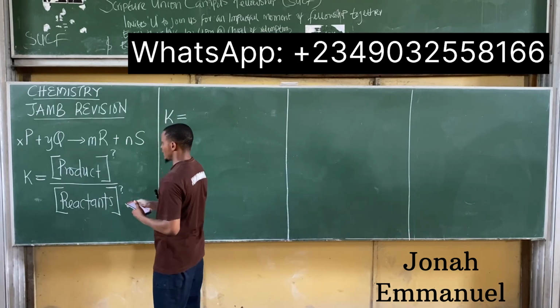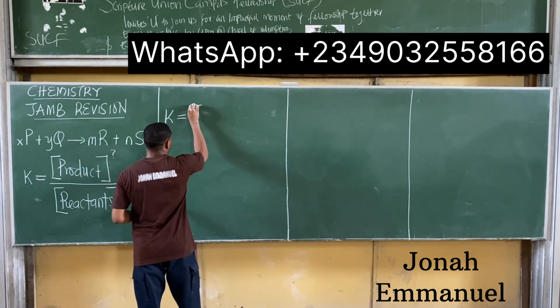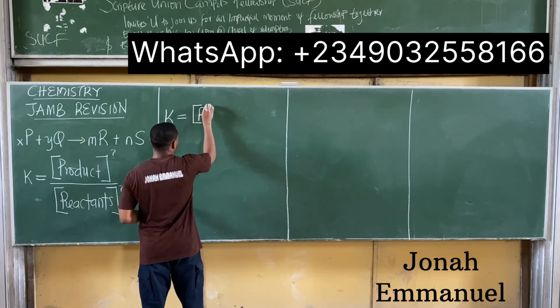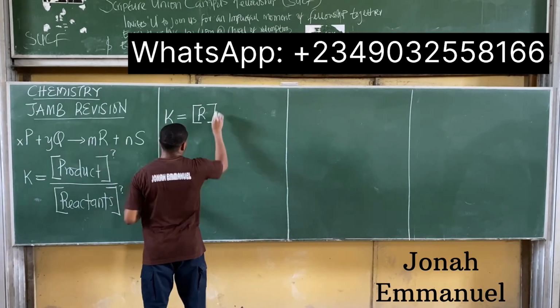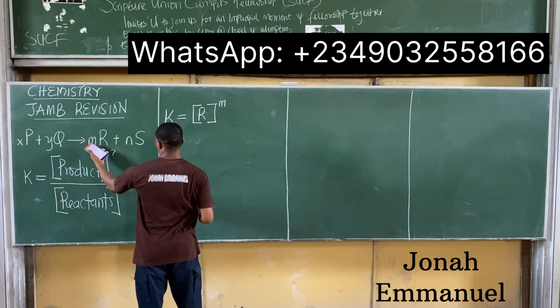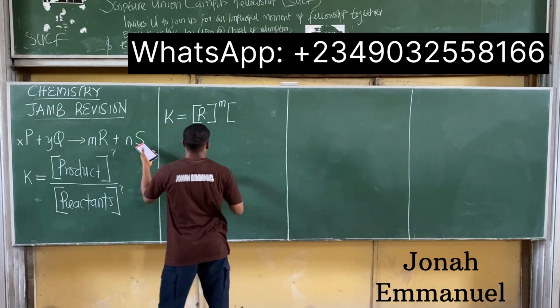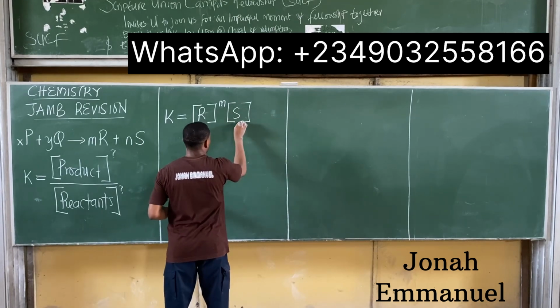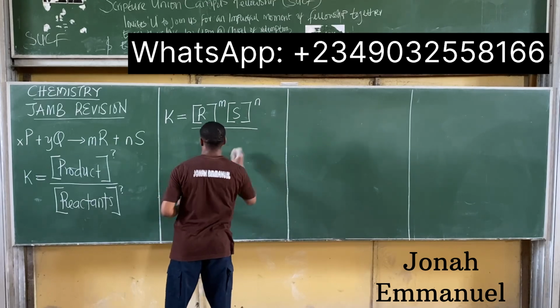If this is true, that means in this case the equilibrium constant is equal to, if I look at the product, I have these two as the product, so it becomes R as my product. I'll put it in a square bracket showing concentration, to power M. The coefficient becomes your power here, into concentration of S to the power N, all over.